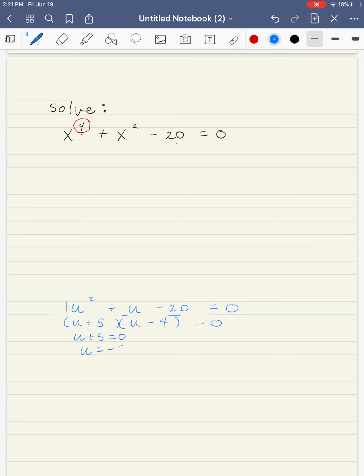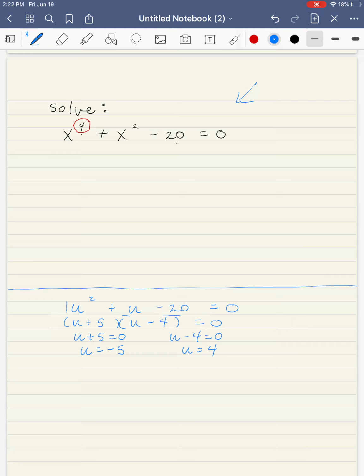So if I set each of these equal to 0, I get u equals negative 5 and u equals, I skipped a step here, let me go ahead and write that step. u equals 4. All right, so we had a factorization there, u plus 5 times u minus 4.